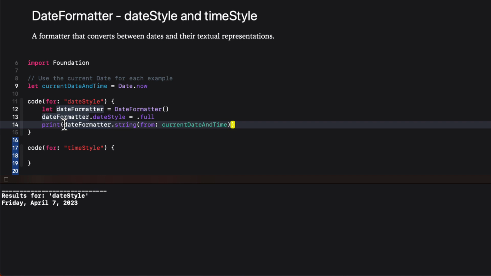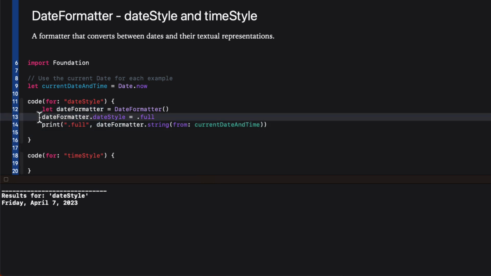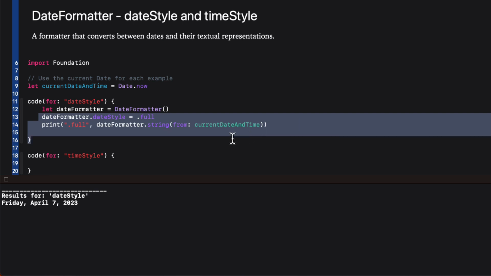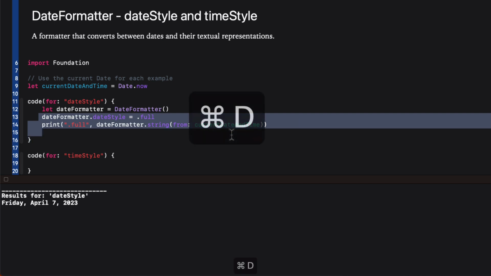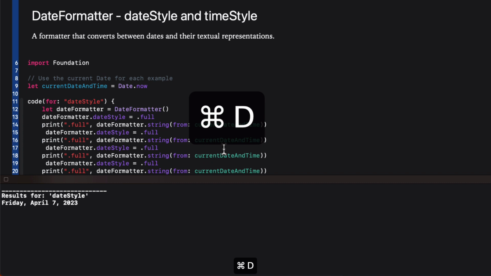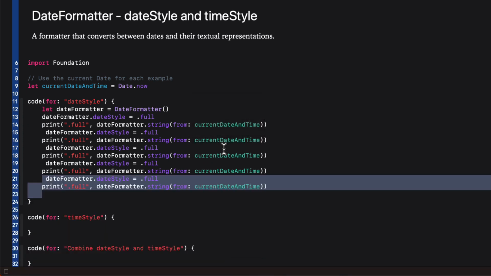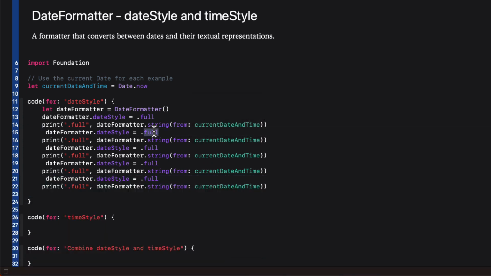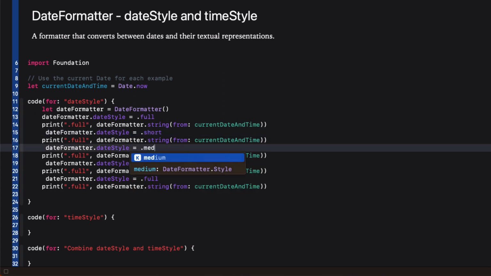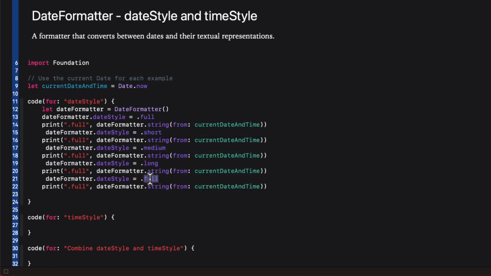So to distinguish them between one another in the console, let me first add a string as the first argument for the print that says .full, and then use a comma to separate the arguments. Now, if I select these two lines and use Command D, I can duplicate them 4 more times and change my format to a different date style, from full to cover all the 5 options, and then change the label as well.